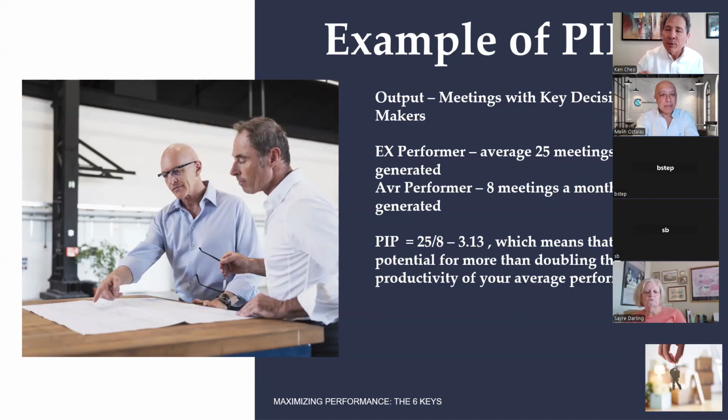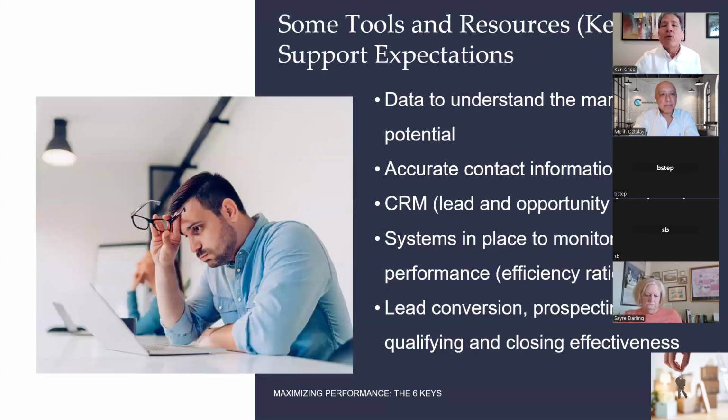So the average producer has the potential to double the amount of revenue they're bringing in, just by saying, all right, what are they doing to get those meetings that makes them so much more effective? Okay. And if you have the ratios, then you're able to do this kind of an analysis.